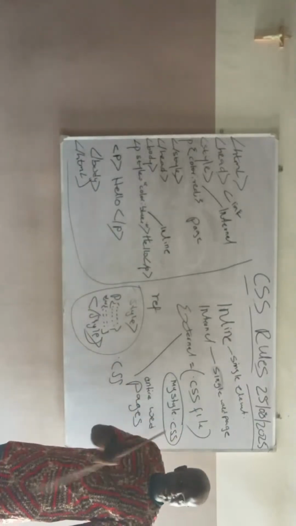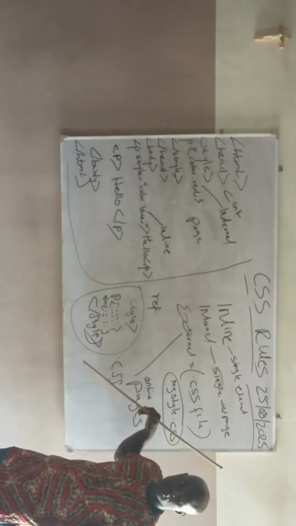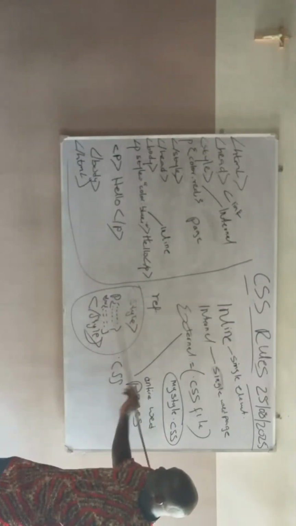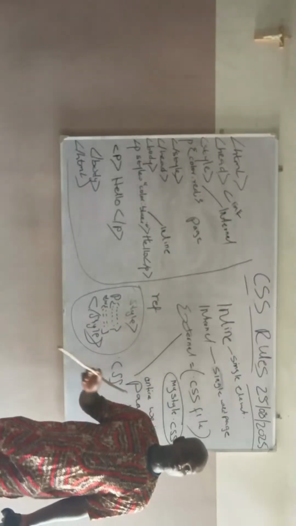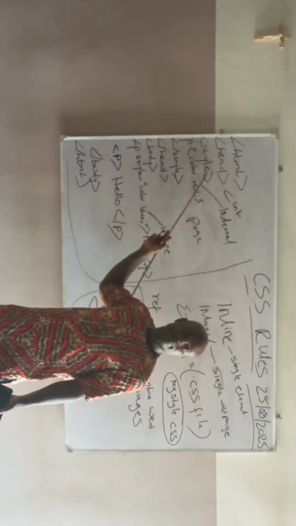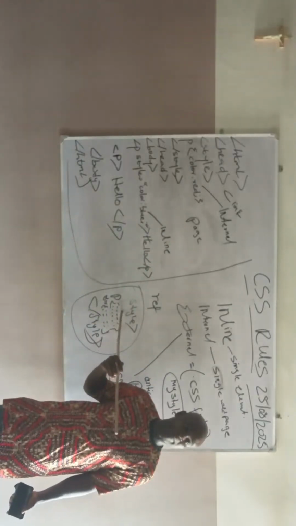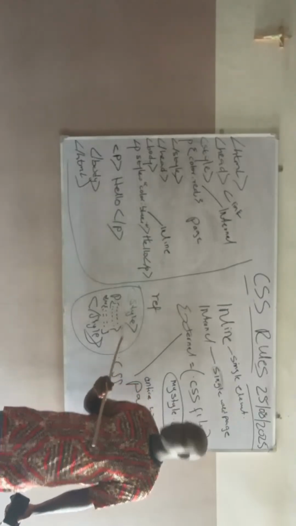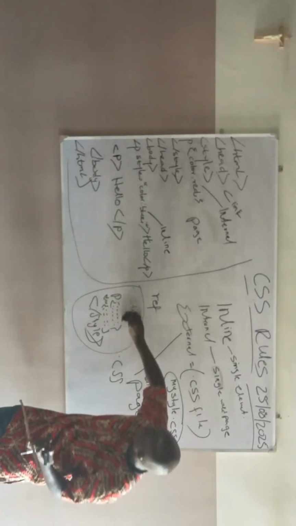And in my definition, I said your CSS file does not contain HTML elements. And this is an HTML element. Style is an HTML element used to do what? Declare CSS rules internally. So it should not contain anything here apart from CSS rules. So this is wrong. It can only be right when I clean this style.